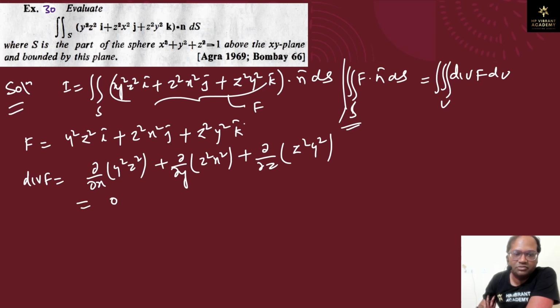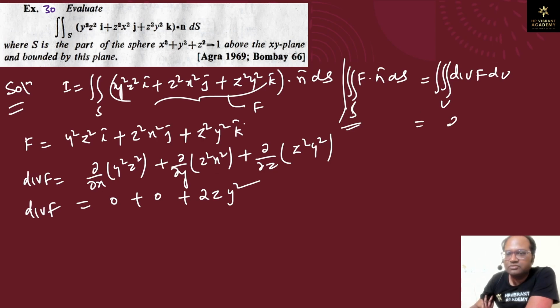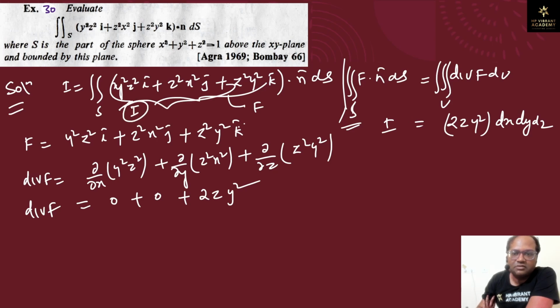So this is 0 plus 0 plus 2zy square. Let us place that here: 2zy square, and dV we can write as dx dy dz. So we have taken the value of this as I, so I is equal to the integral of 2zy square dx dy dz.